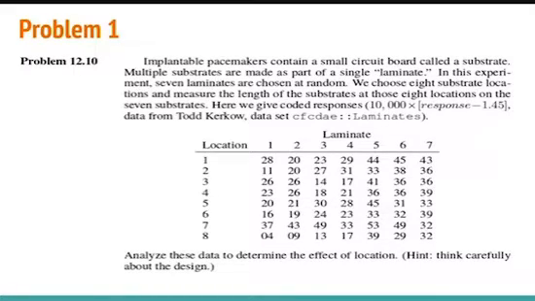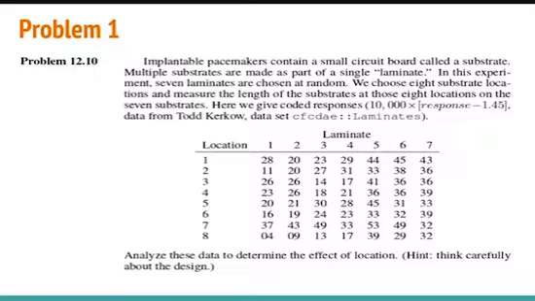In this experiment, 7 laminates are chosen at random. Automatically, the blocking effect here is random. Even though we're not that interested in it, the primary variable of interest is location. Any question here?